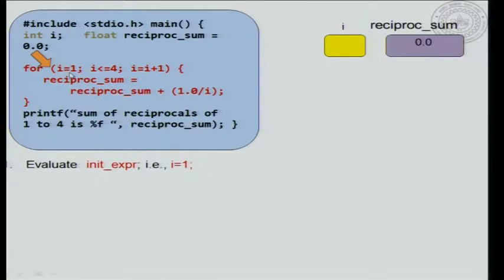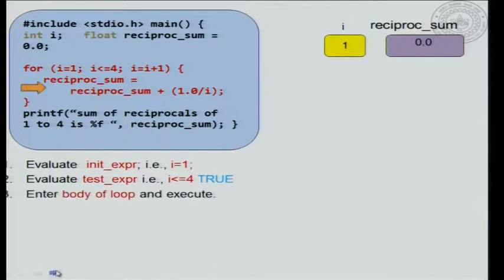So first you have the initialization expression. So I is undefined before you enter the for loop. Reciprocal sum is of course initialized to 0. Okay. So after initialization, I will be 1. As soon as it is initialized, we will test whether it's less than or equal to 4. 1 is less than or equal to 4, that's true.